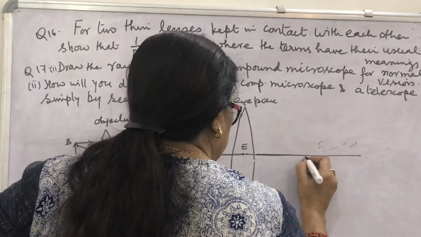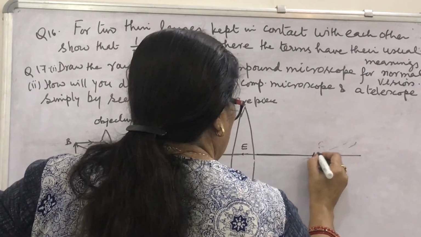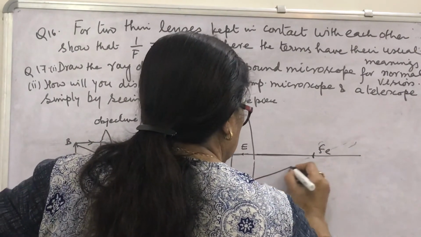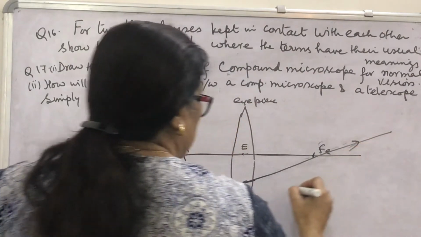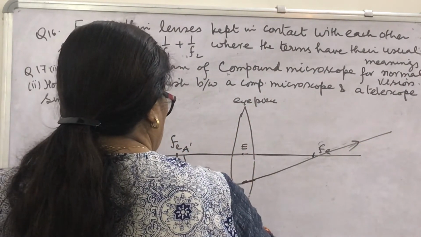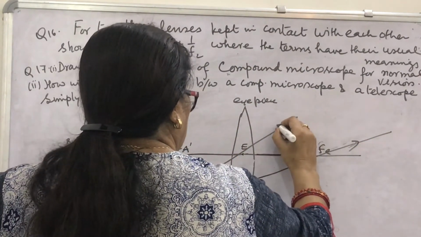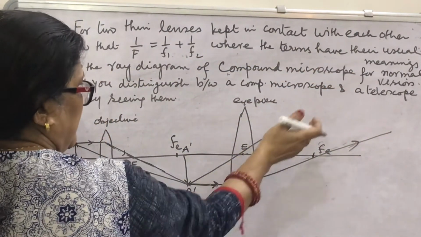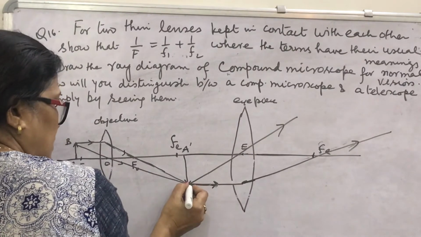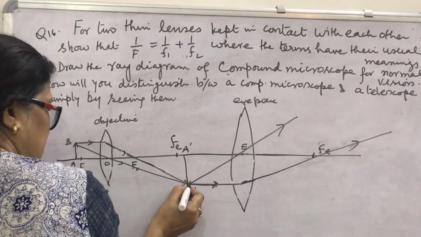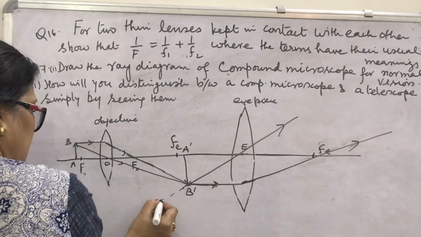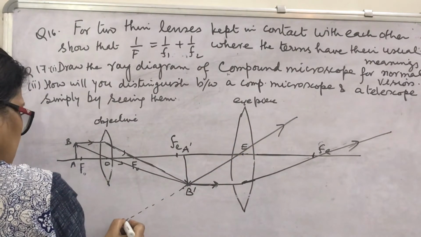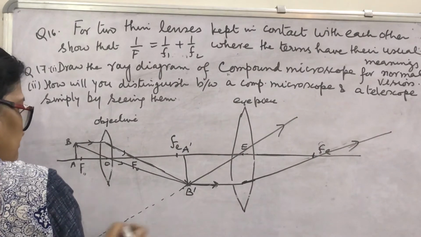If you see this, Fe dash, then you will find this one and this one are the rays. They are diverging while moving forward, so you have to extend them back. Extend back with the help of a scale in the same direction. Then what will you find?